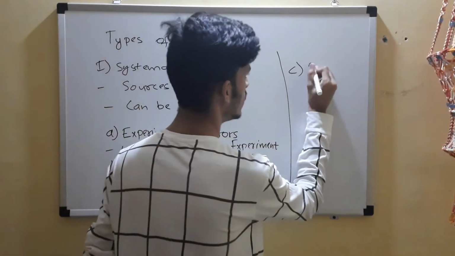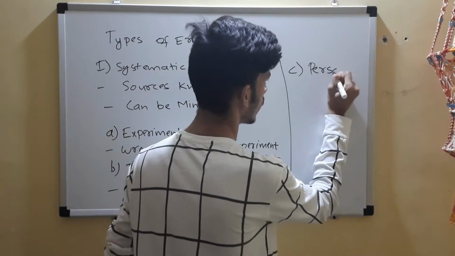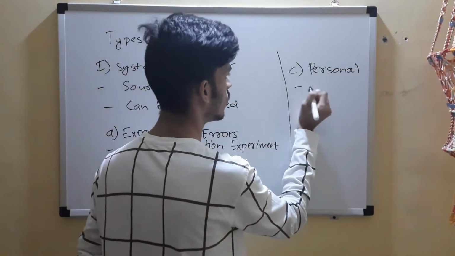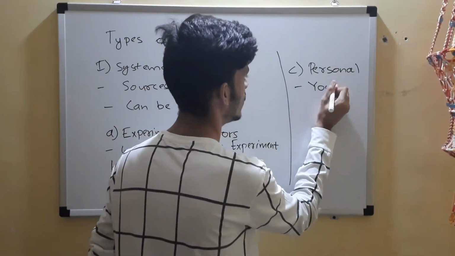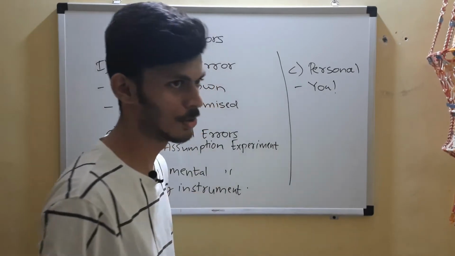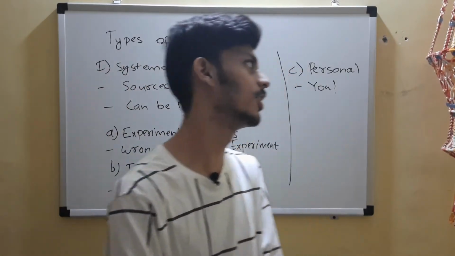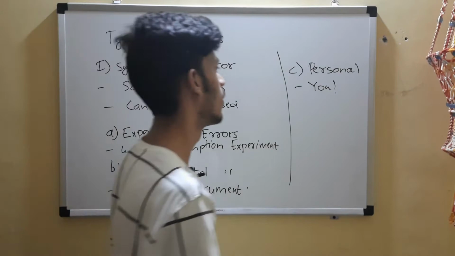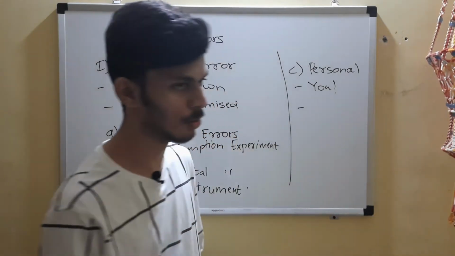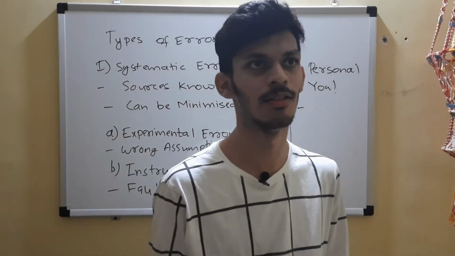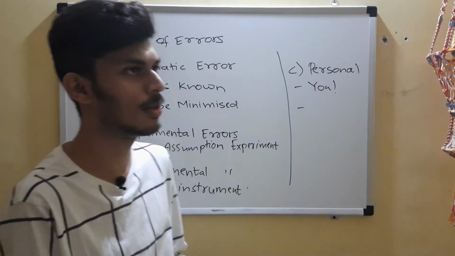And C is personal. Who is the source for this? You. So it's personal. You are the source. You create problems for yourself. You create the errors. It may be due to any reason, we are not that sure about it, but you are the source.